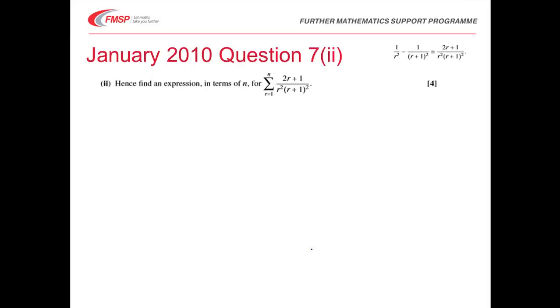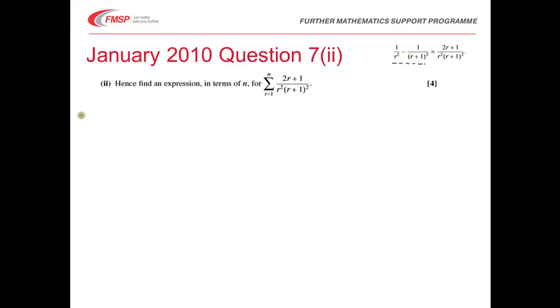In part 2, we're then asked, using this result, because it says hence, find an expression in terms of n for sigma r equals 1 to n of this 2r plus 1 over r squared upon r plus 1 all squared. So we are going to use this form so that we have differences. It's the method of differences, so you have to have this, it has to be one term minus another.